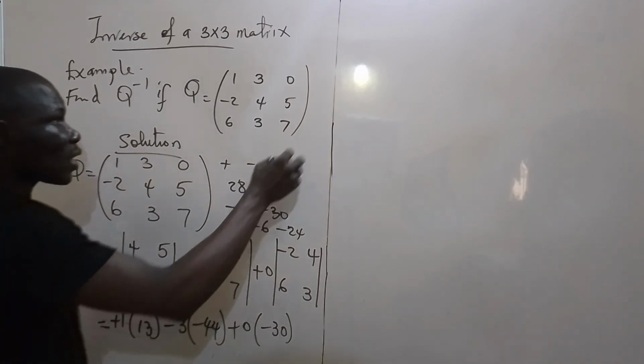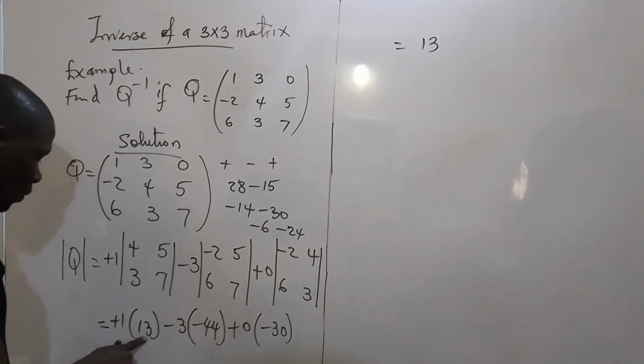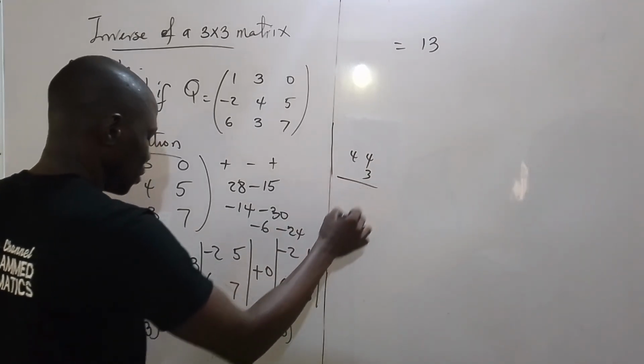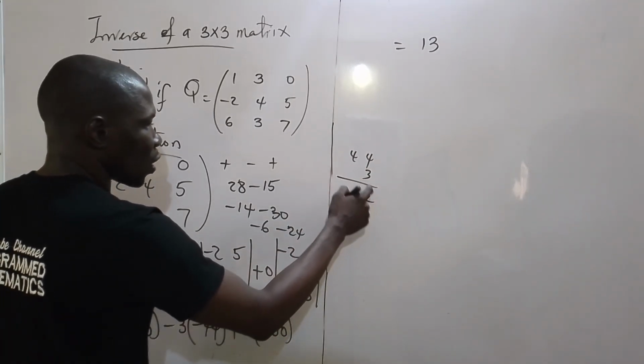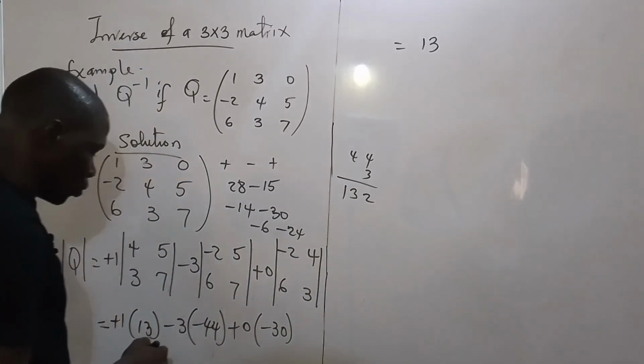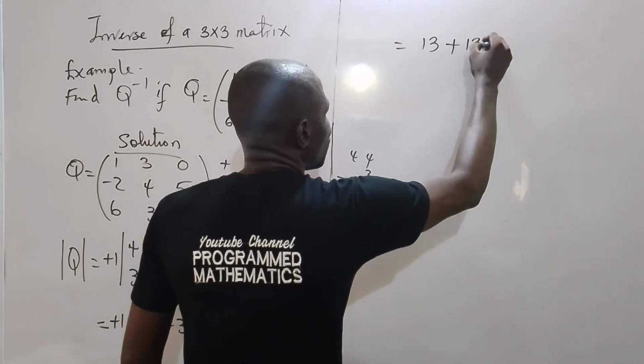So if you open this up now, here we have 13. That's plus 1 times 13 is 13. Minus 3 times minus 44: 44 times 3 is 132, and minus times minus is plus, so this is plus 132.